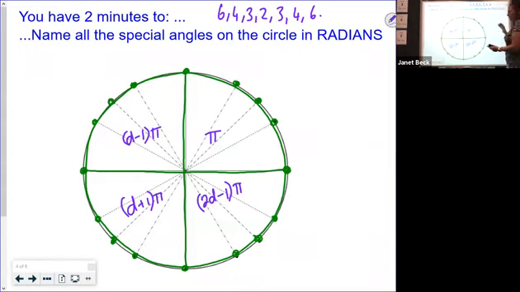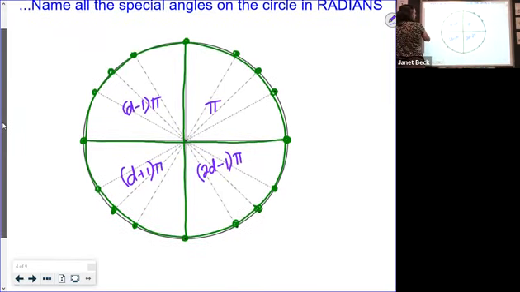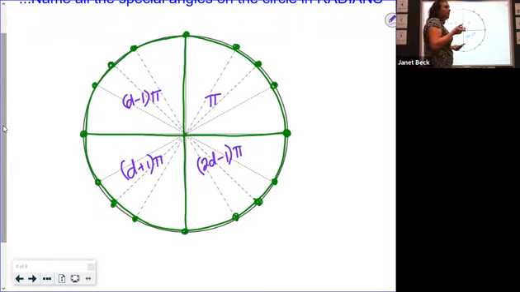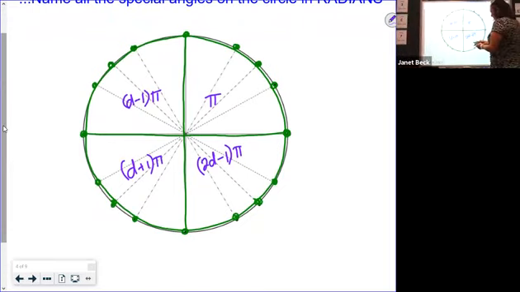So let's see it. I'll show you how I fill this in. And you need to practice this. You need to do it again and again and again until you can do it in about 40 seconds. I think I can do it in 40 seconds. Let's find out. On my marks, get set, go.